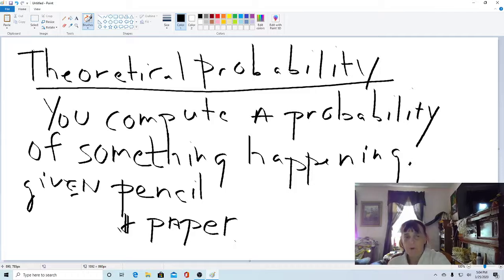Okay, that's theoretical probability. And this is a C.